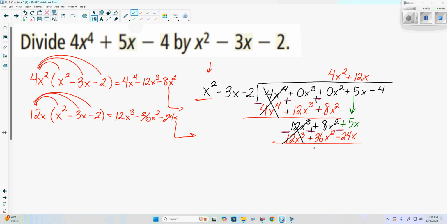So 8x squared plus 36x squared is going to be 44x squared. 5x minus negative 24x, negative negative makes a plus, giving us plus 29x. And lastly, we bring down our negative 4. And we're going to do this one more time.